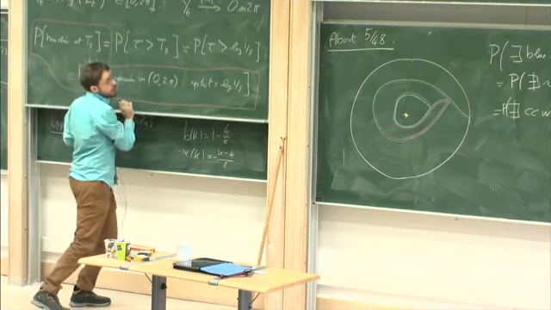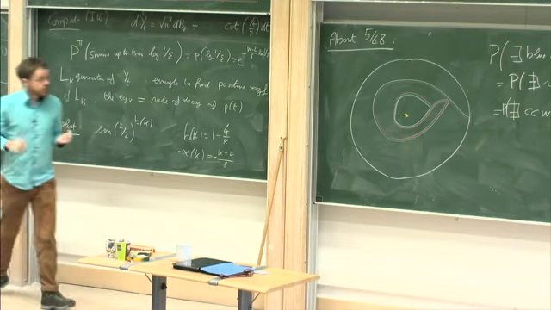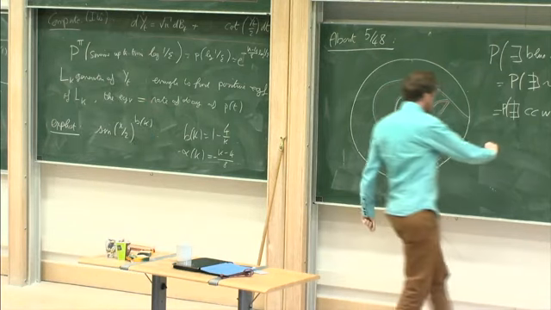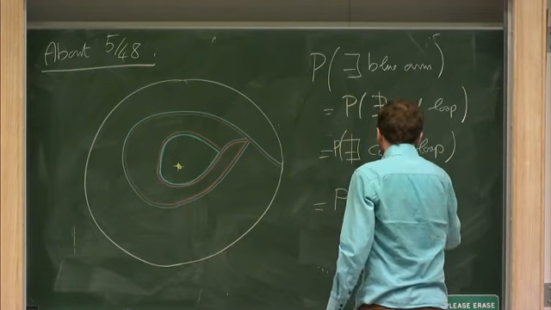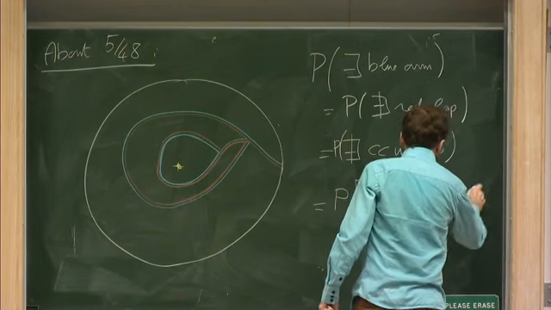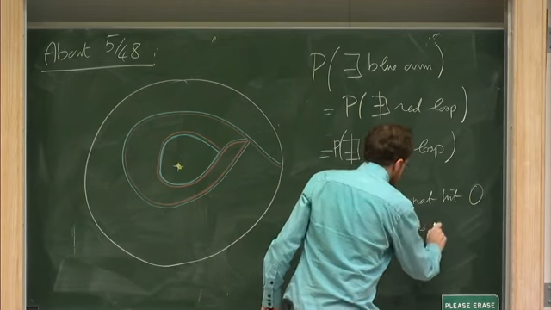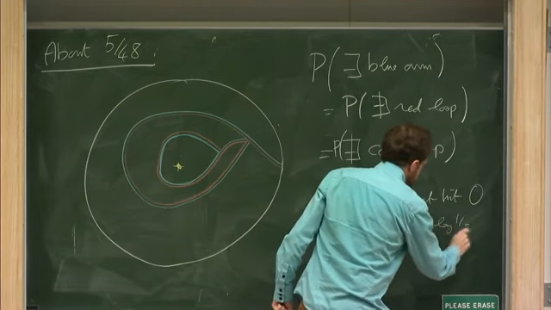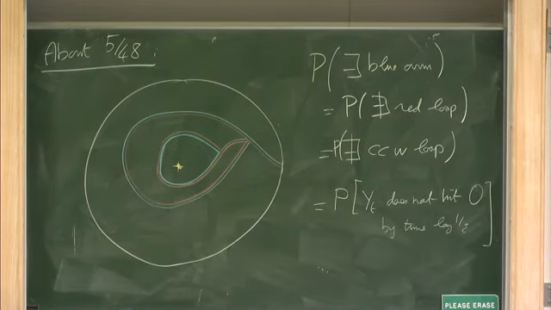And here, we just want to prevent one loop direction. So this will be the probability that Y_t does not hit 0 by time log of 1 over epsilon. But it is allowed to hit 2 pi, because hitting 2 pi will not prevent you from having an arm.